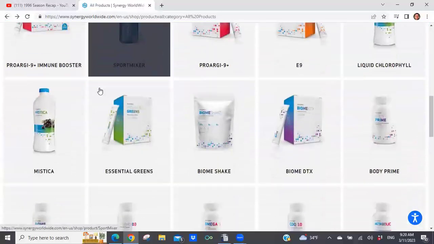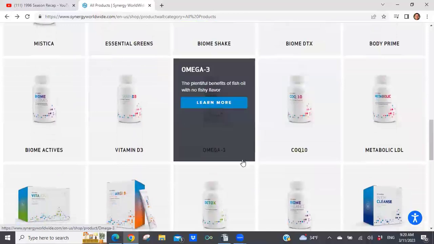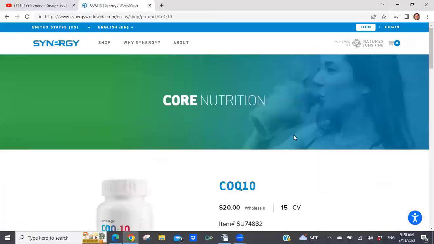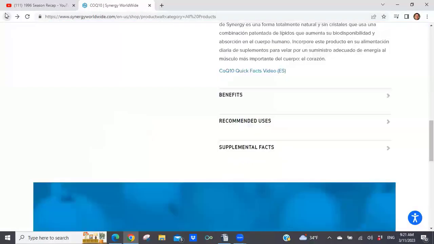Now, when we look at other things in Synergy Worldwide, you can see that they have a high quality coenzyme Q10 supplement, that if you need to supplement with that, you have it with Synergy Worldwide.